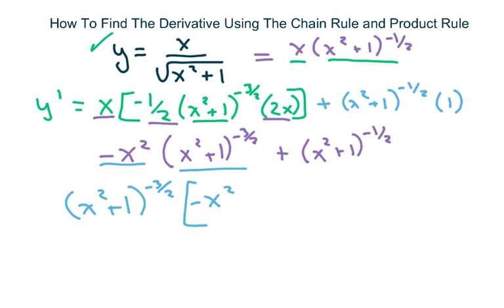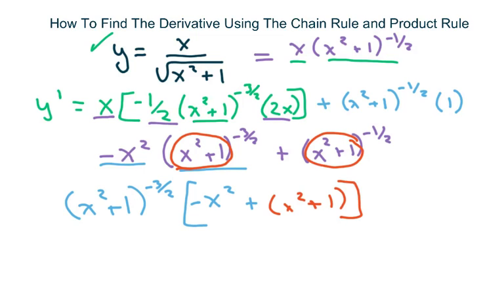And then I'm going to add, and the reason I'm doing this is because these are the same. So I'm going to add x squared plus 1, period. Not with the negative 1/2. Because if you distribute this, you get this first piece. And if you distribute this one, you'll get this one.